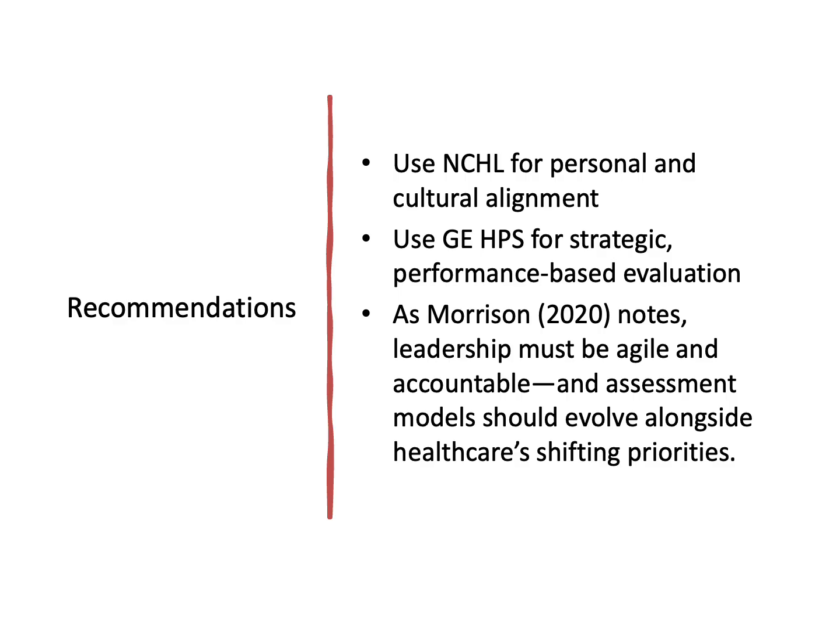For the NCHL, to help leaders grow emotionally and culturally, and for the GE healthcare model to ensure that leadership is also delivering performance. As Morrison 2020 notes, leadership must be agile and accountable, and assessment models should evolve alongside healthcare's shifting priorities.